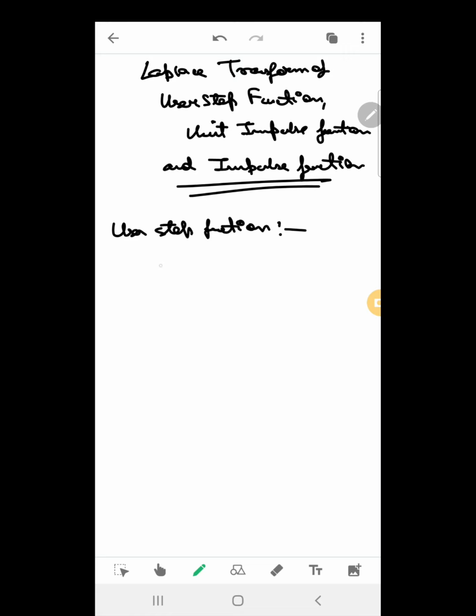this is given as u(t) and is a piecewise function which is 0 when t is less than 0 and 1 when t is greater than or equal to 0. Clear? The unit step function is often given as h(t minus a), or you can also write it as u(t minus a), no problem.